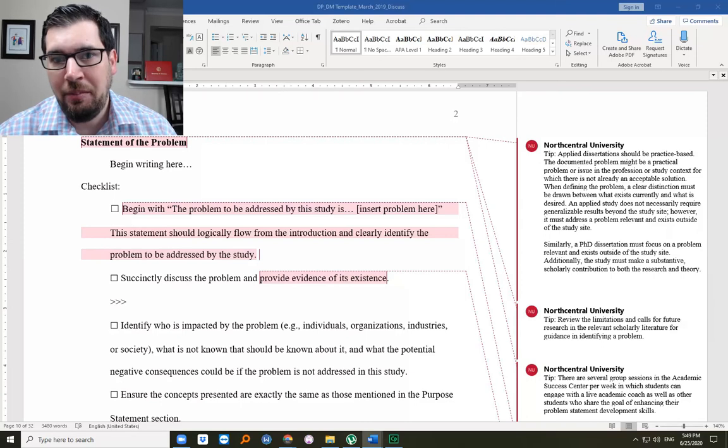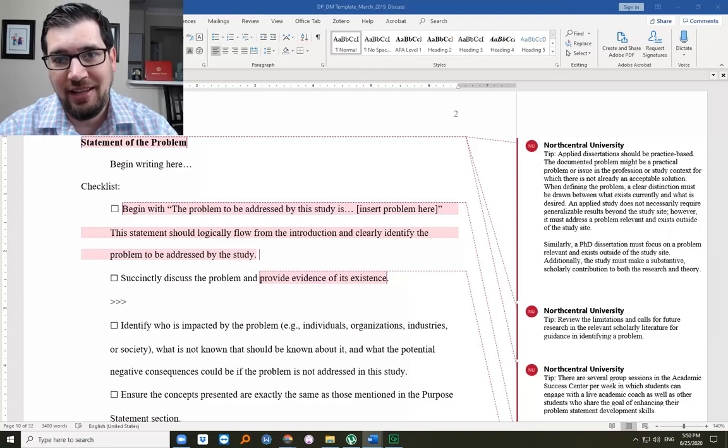It could even be a research problem, but what we're looking at for you, the dissertating student, is that you have proof, justification beyond what you think is an issue.